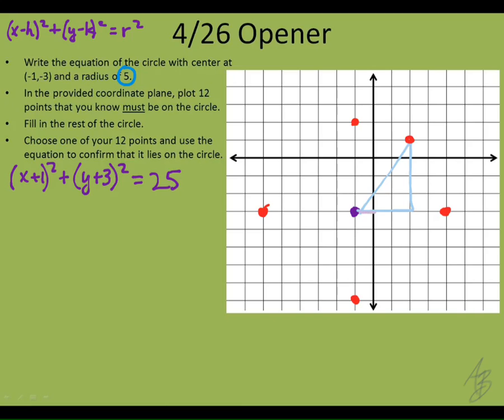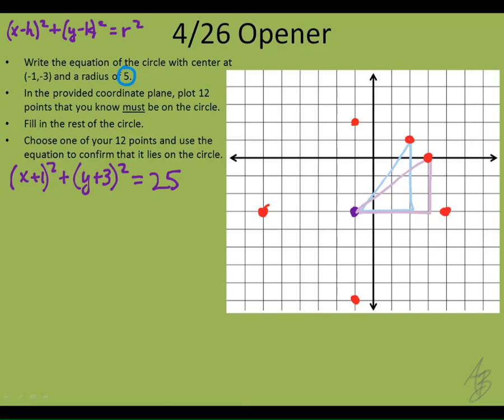We could do it again with a different 3, 4, 5 triangle. Let's say I go right 4 and up 3. Then that's going to give me a 3, 4, 5 triangle also. You guys agree with that? And it gives me another point here. Now, I said that there's 8 more, and that's just 2. So where are the other 6 going to be? On the other side? Yeah, up and to the left of the center, down and to the left of the center, and right and below the center.